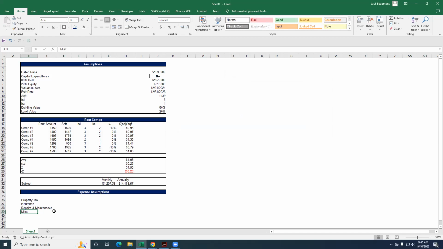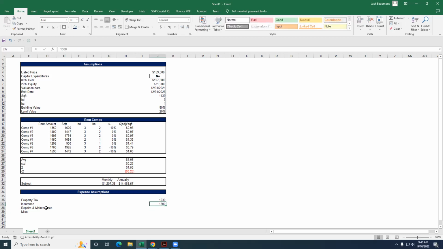Now, some people might also have property management, and we're going to assume that this is just a small property. We don't have a whole lot of management needed, so we're not going to include that for this analysis, but that likely could be something that needs to be included. So property tax, I got the latest value. So I'm trying to get quickly through here. So in class, I showed how to find the property tax amount.